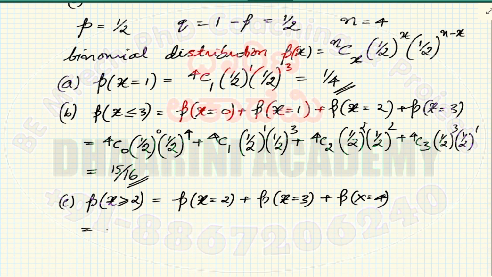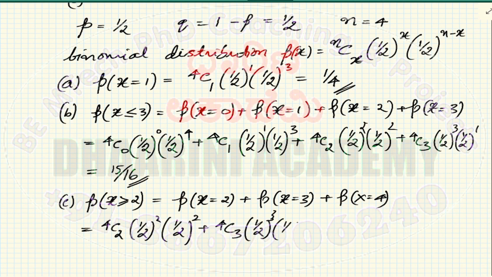So that is 4c2 half power 2 plus 4c3 half to the 3 and half to the 1 plus 4c4 half to the 4 half to the 0.